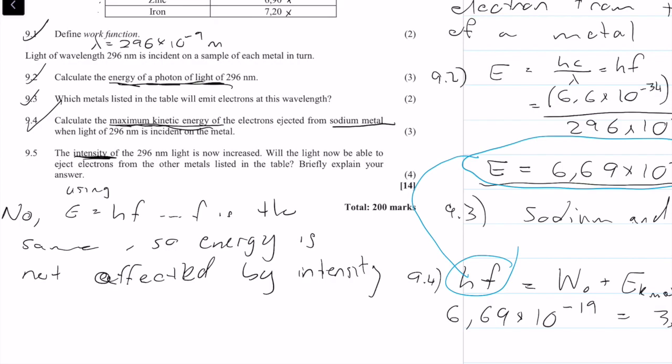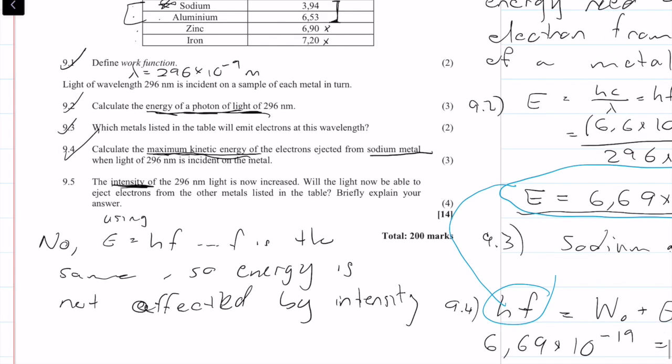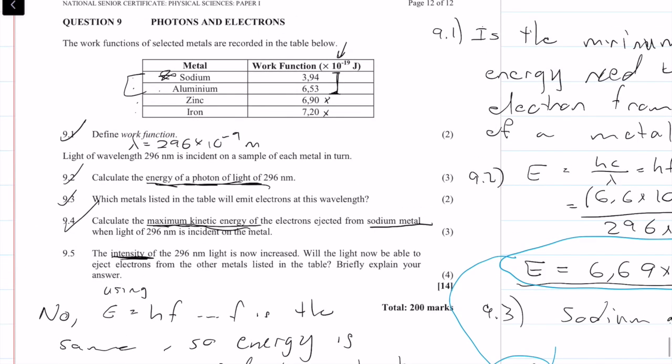Alternatively we could say no, the intensity increases the number of photons, but the energy of the photons is not affected by the intensity. So it increases the number of photons, but the energy of the electrons does not change. Either of those answers will work. You can just pick, but that's the answer I've written down. Cool stuff, and we should get 4 marks for that.